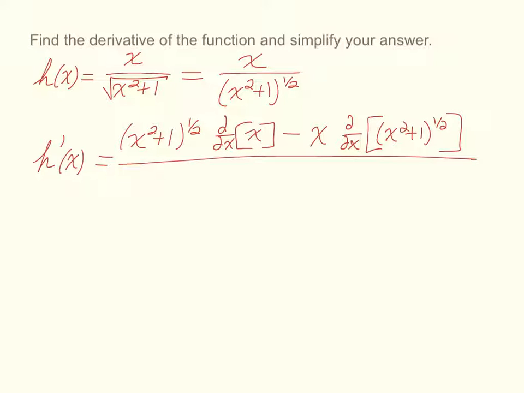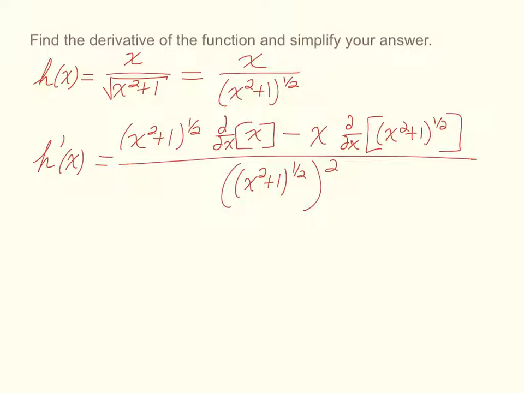And we will divide all of that by the denominator squared. Before we go any further, I want to stress to you not to simplify these exponents in the denominator. You'll see why in just a few moments.